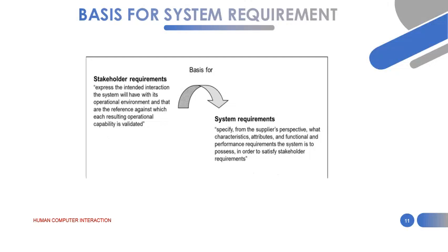And the system requirements specify, from the supplier's perspective, what characteristics, attributes, functional and performance requirements the system is to possess in order to satisfy stakeholder requirements. All this diagram is saying is that the stakeholders affect the outcome of the system, or they determine what the system needs basically.